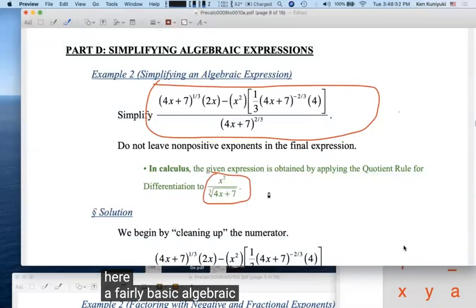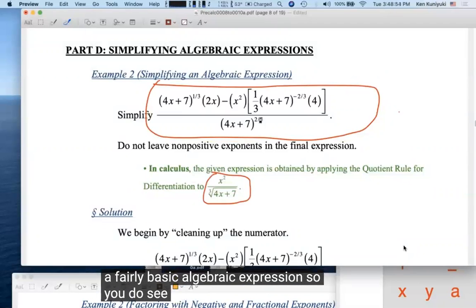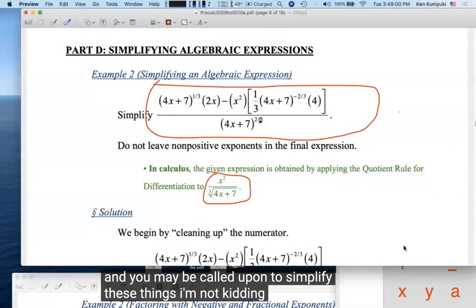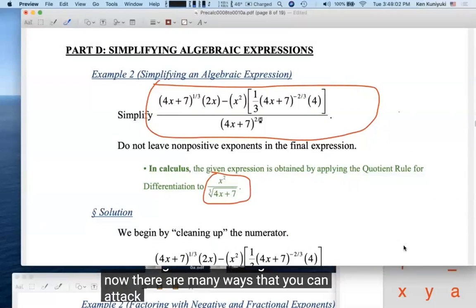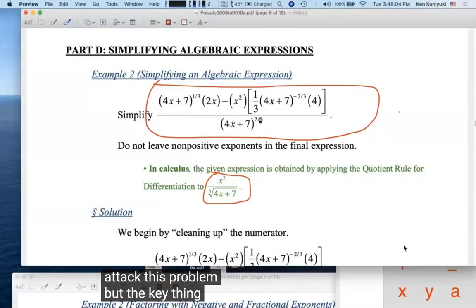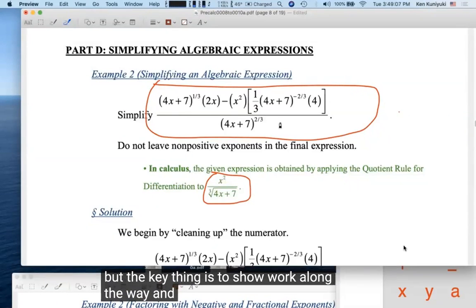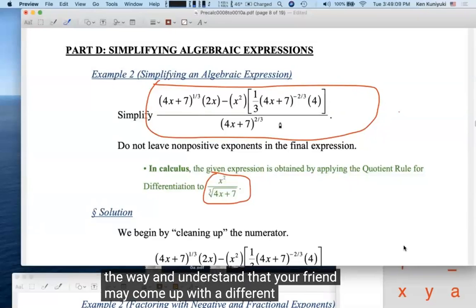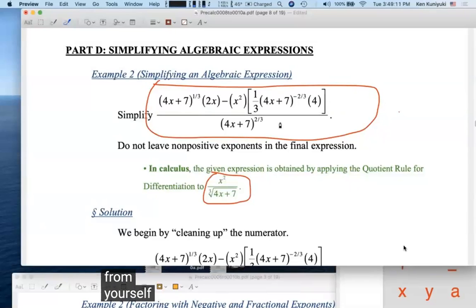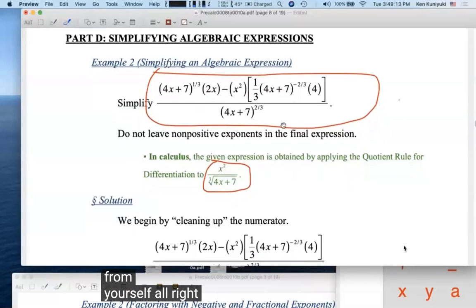A fairly basic algebraic expression. So you do see things like this in calculus, and you may be called upon to simplify these things. I'm not kidding. Now, there are many ways that you can attack this problem, but the key thing is to show work along the way and understand that your friend may come up with a different solution from yourself. All right.